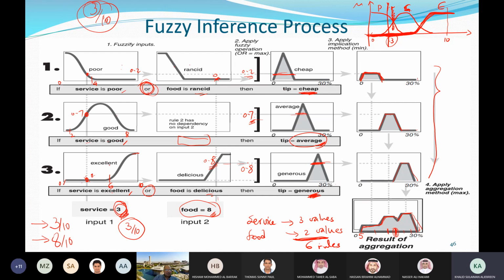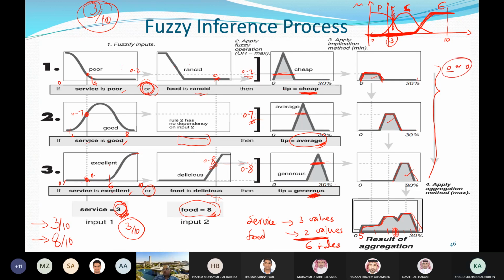Probably for this example, as we mentioned, 3 rules are fired here. We have an output for each of these. Maybe if you have more rules, sometimes you can have 0.